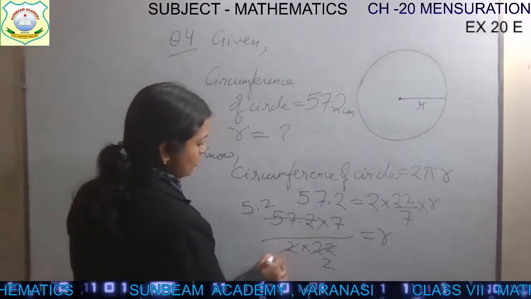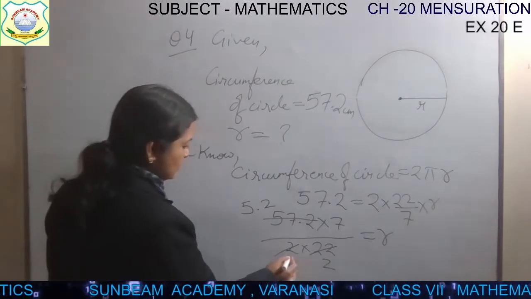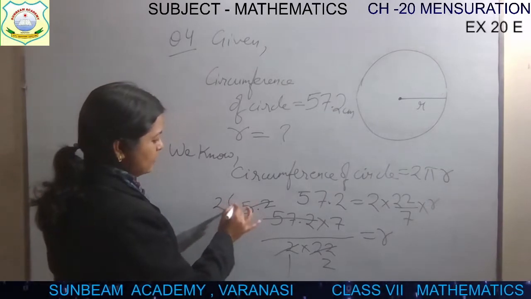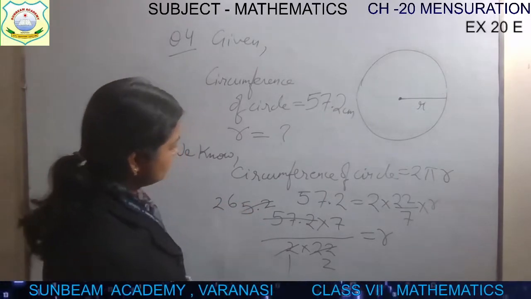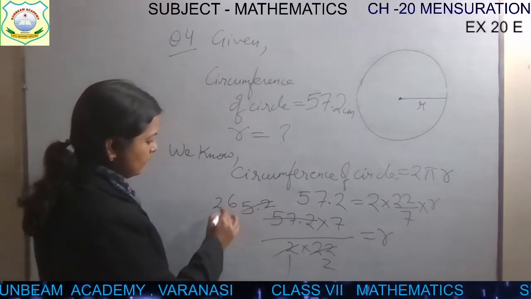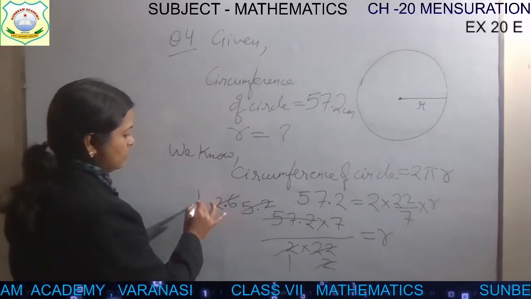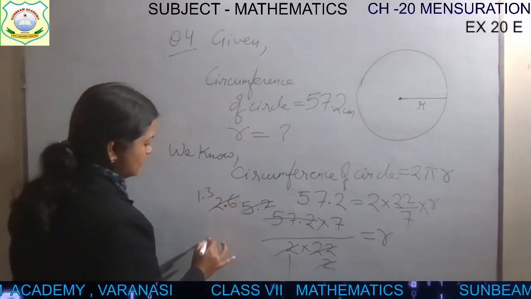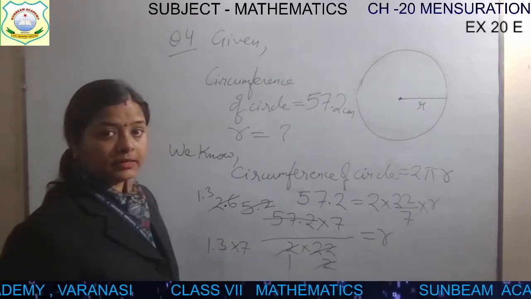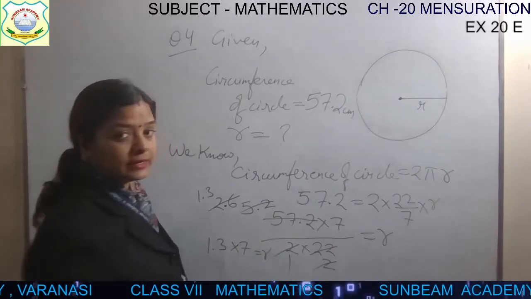Then again with 2 we can simplify, or it can be simplified by 4 also. 2 2s are 4, and 2 6s are 12, so it will be 2.6. Then again 2 will be simplified. 2 ones are 2 and 2 3s are 6. This is 1.3, and in numerator 7 is left, 13.7 is left in numerator. That is equal to R.